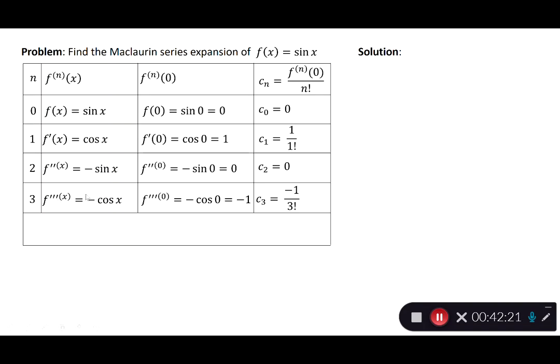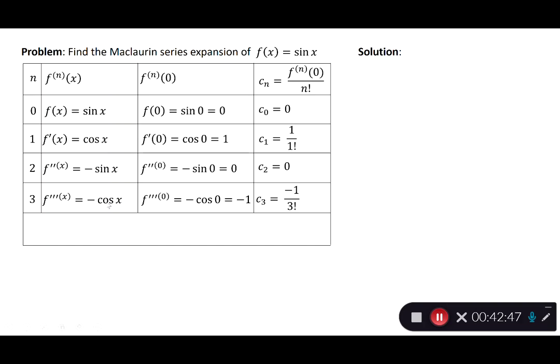If you take the derivative again, the fourth derivative of sine x, you get sine x back. So this pattern actually repeats. Fourth derivative is sine x, fifth is cosine x, sixth is negative sine x, and so on.